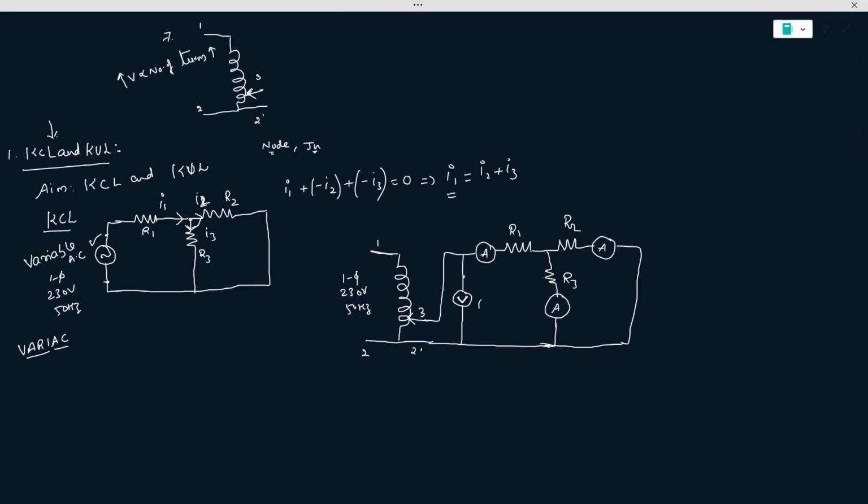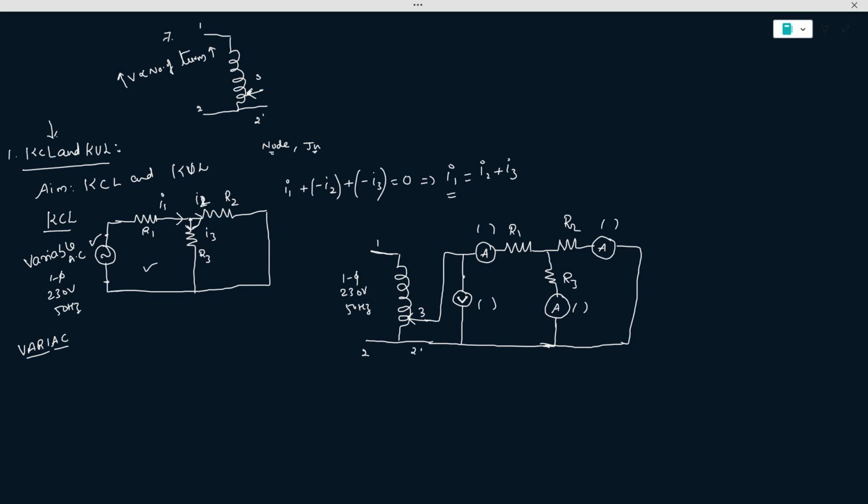So we need to mention here the ranges of the meters. Generally, we can obtain the range of meters by solving this network theoretically first, and we must know the currents on each element upon giving a certain voltage here.